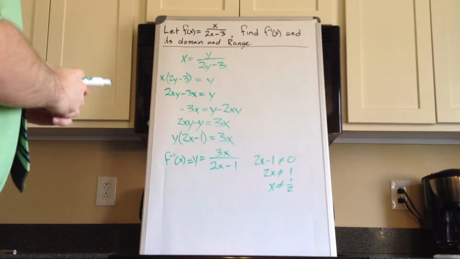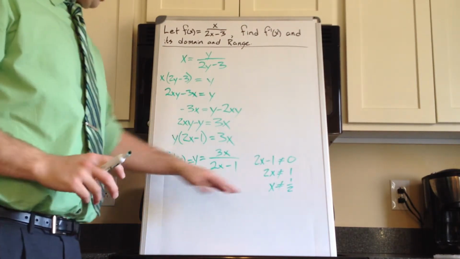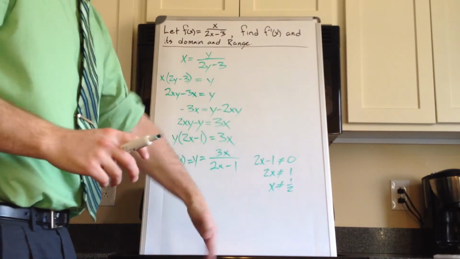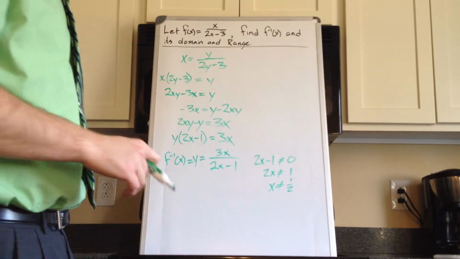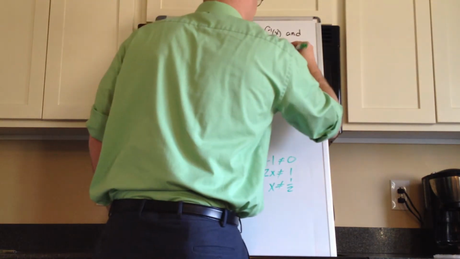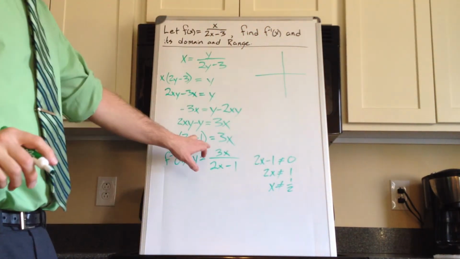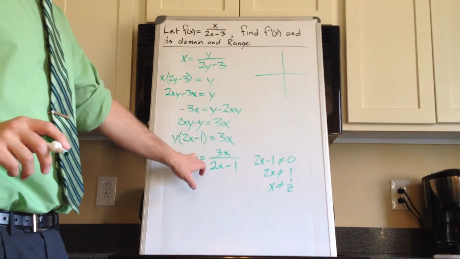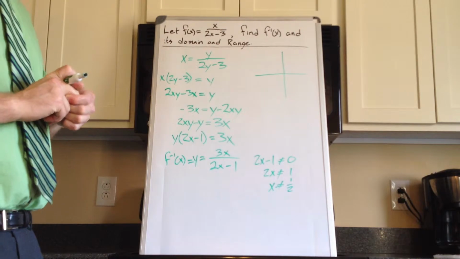If you got out your calculator and graphed it, you would see that as x approaches 1/2 from the left, it's going to dive down towards y equals negative infinity, down the y-axis. If I sketched it, this is our y-axis, this is our x-axis. We know we have a horizontal asymptote at 3/2, because that's the leading term of the top and the leading term of the bottom.